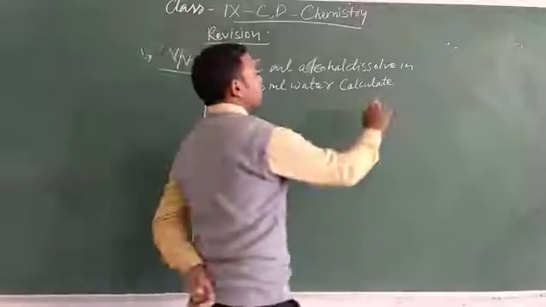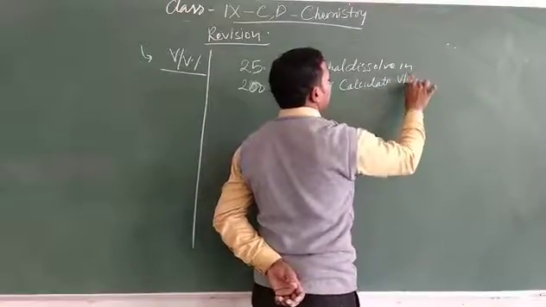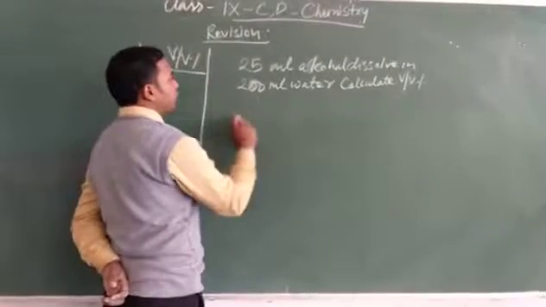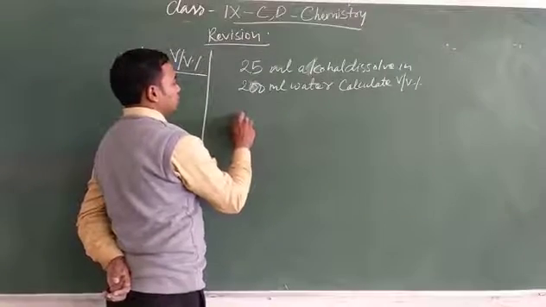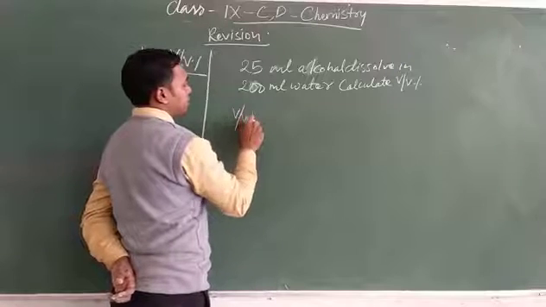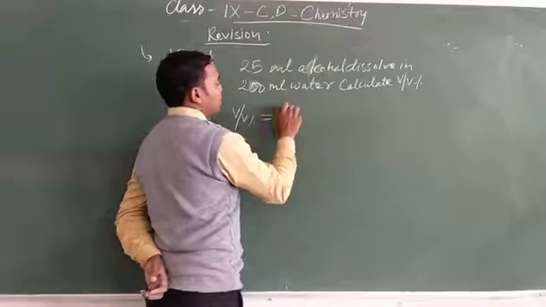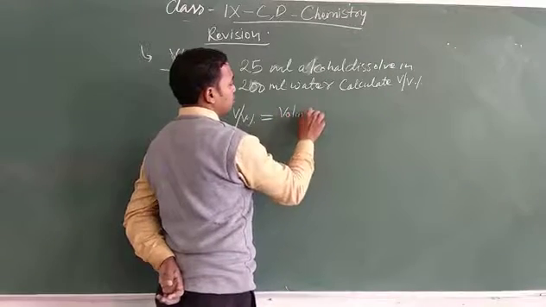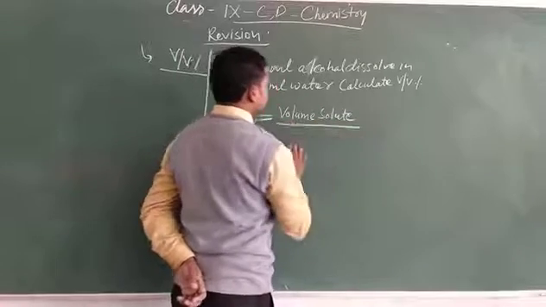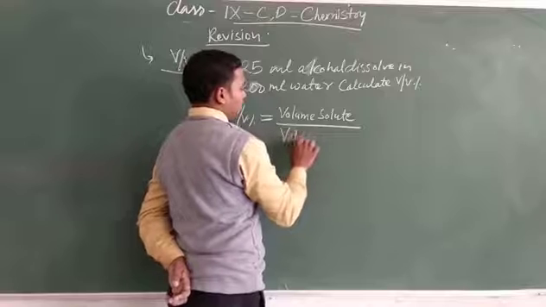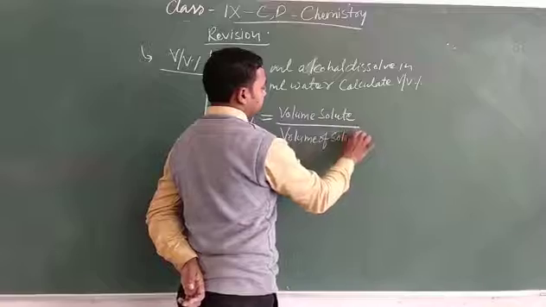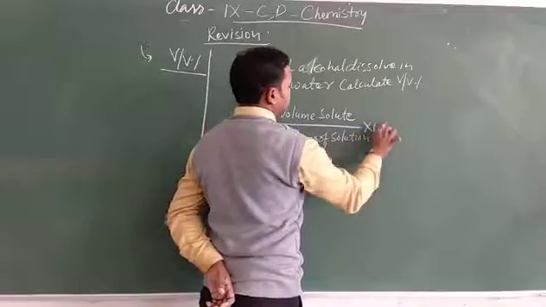Volume by volume percentage is equal to volume of solute divided by volume of solution into 100.